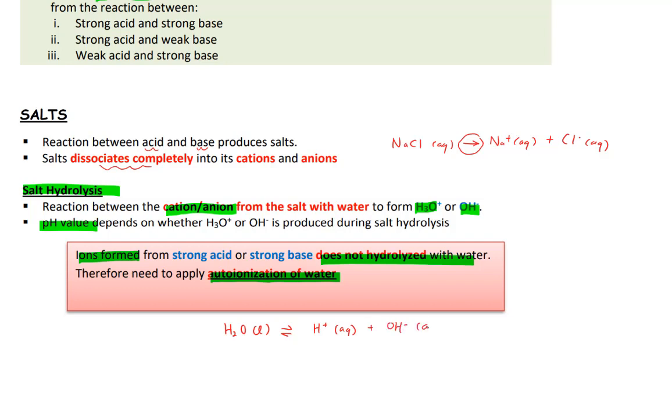So this equation refers to the auto-ionization of water. Same thing, we just add one more molecule of H2O liquid, in equilibrium to produce your hydronium aqueous ion. Remember that H+ and H3O+ are similar, depending on how you write your equation.